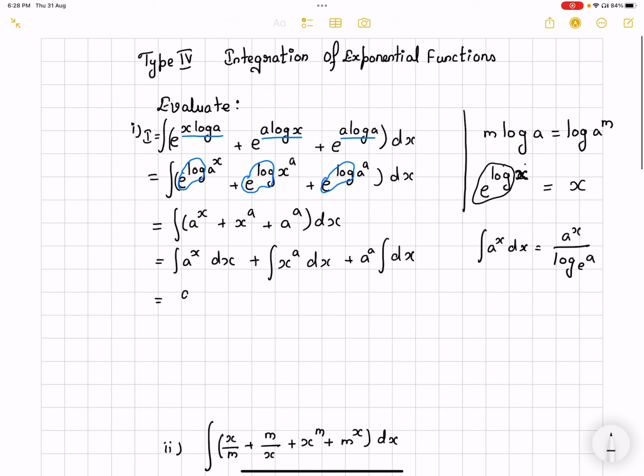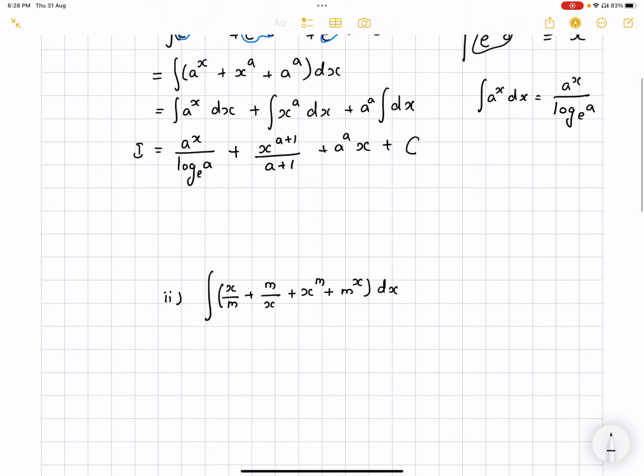So I would be having a power x divided by log base e of a, plus x power a plus 1 divided by a plus 1, and then plus a power a into x plus c. That's it. I hope you understood. We are using logarithmic identities here and the basic integration formulas that we learned in the beginning: integral x power n, taking out the constant, and the standard result for integral a to the power x dx. These are the three things we are using here.